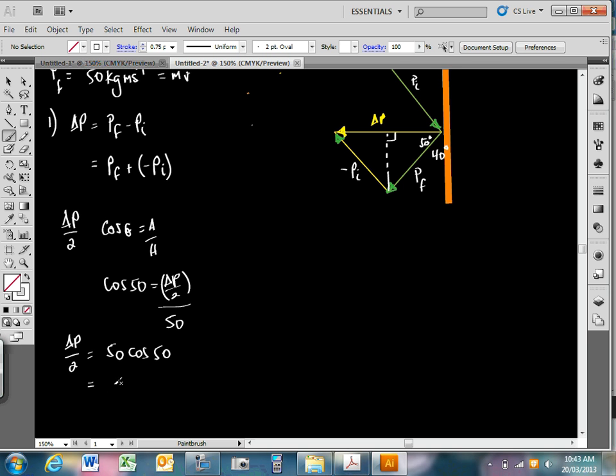By the text, 32.14. Therefore, that delta P vector is equal to 64.28 kilogram meters per second.